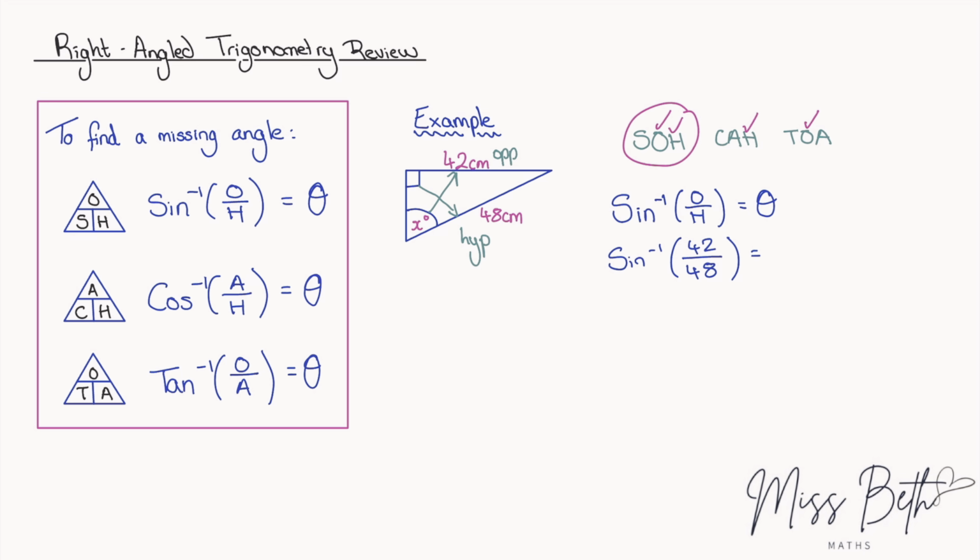Again, remember to press the shift button if you're using a scientific calculator to make sure you get the inverse. And you will find that the angle is 61.04 degrees, okay? And we can approximate this to 61 degrees.